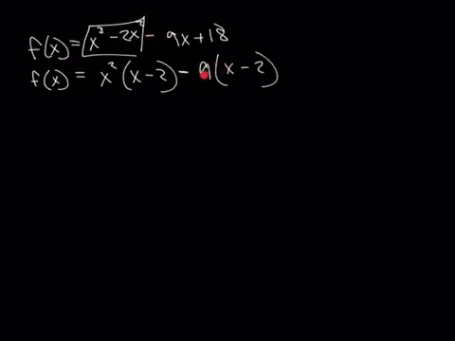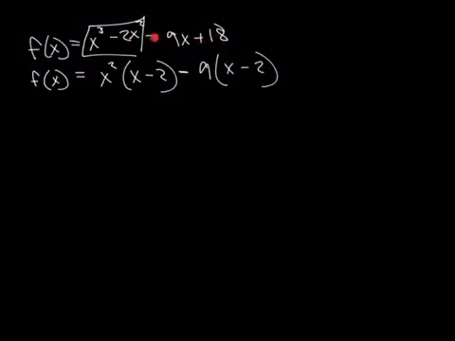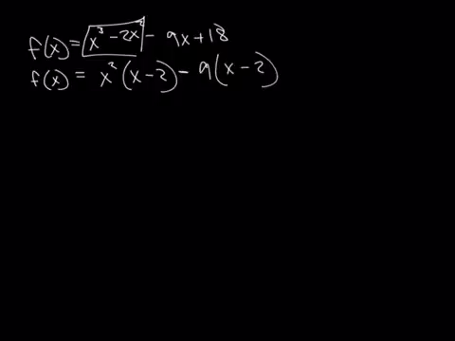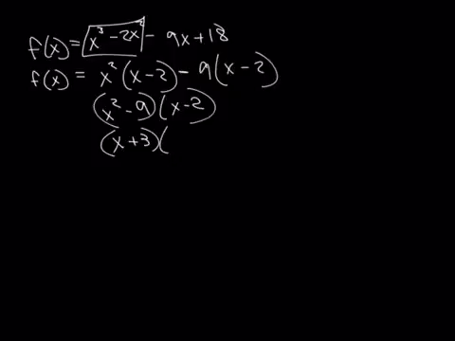When you take negative 9 times negative 2, you get a positive 18. So because of this negative, you're going to have to be careful about the sign right there. Okay, so that's x plus 3 and x minus 3.